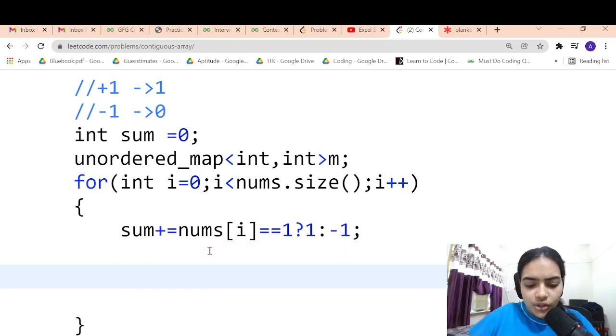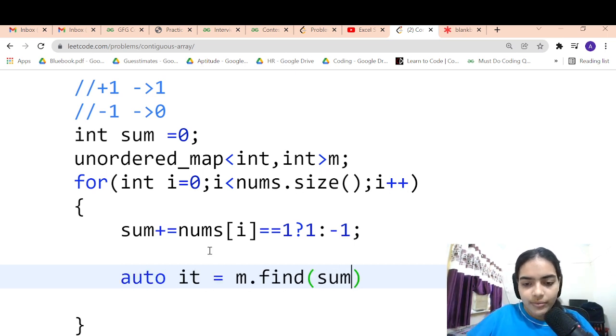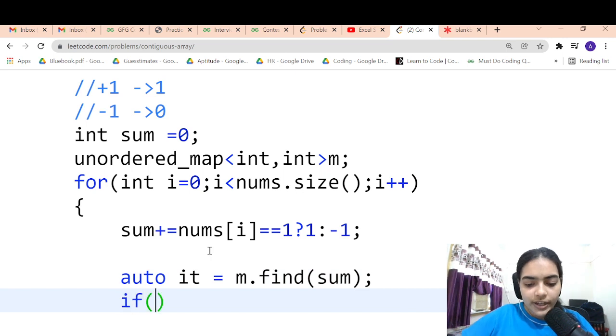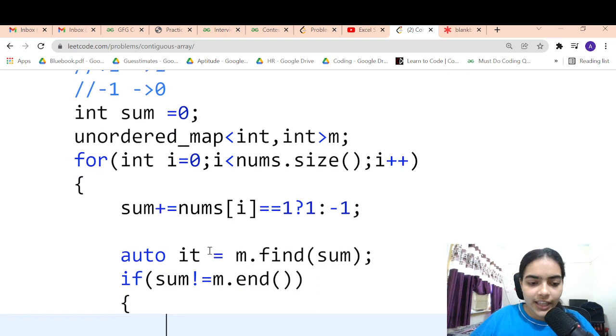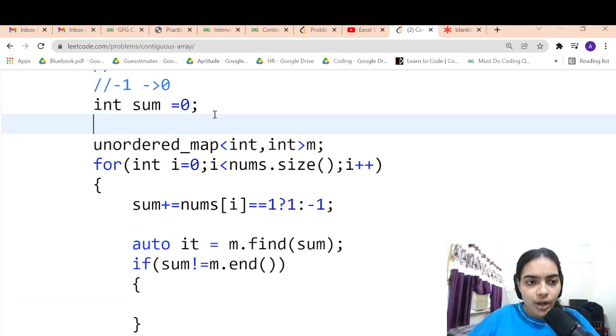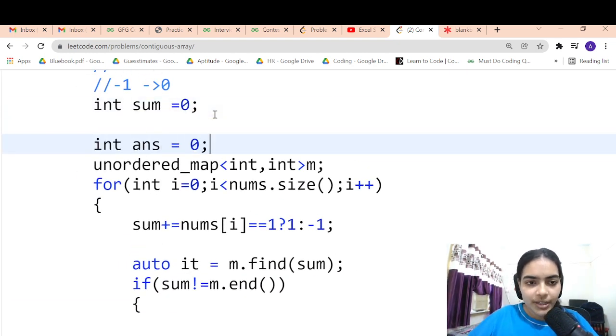So let's see that. First I will check if it has occurred in my map or not. So auto it = m.find(sum). If sum has already occurred in the map, so if it != m.end(), that means sum is already there in the map. In that case, I should just compare it with answer. So let me give an answer variable.